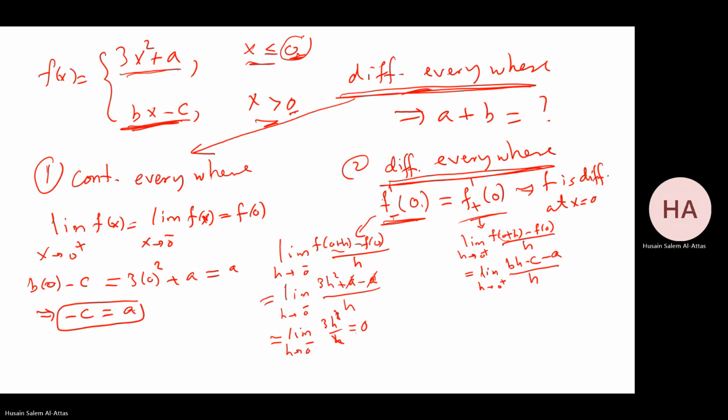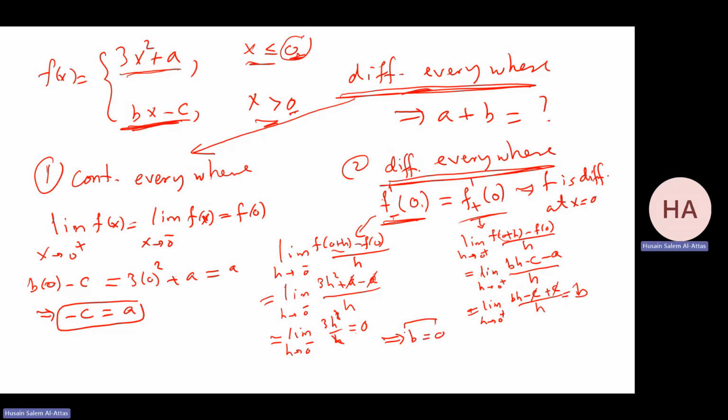But I know a equals minus c. So this will be the limit as h goes to 0 from right of bh minus c, and if a equals minus c, this is plus c, over h. This is cancelled. So the value will be b. So for sure, from these two, I'm getting b equals 0.